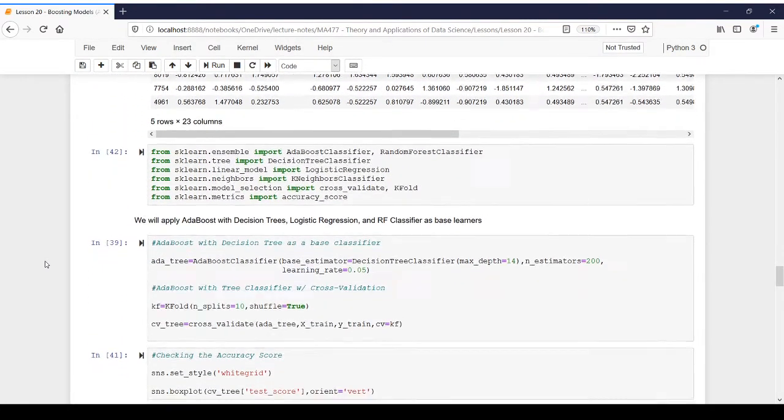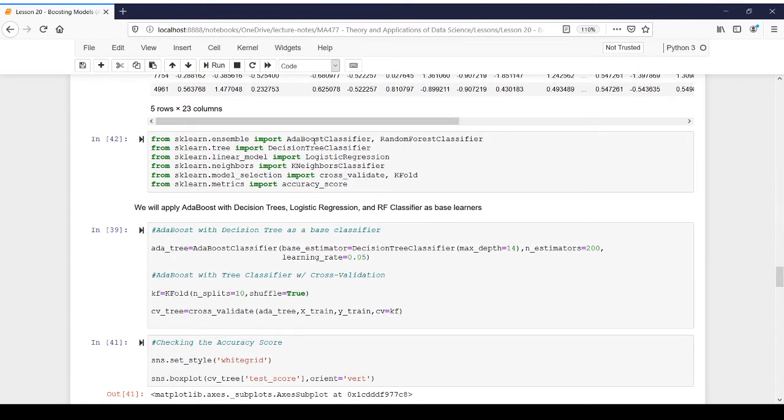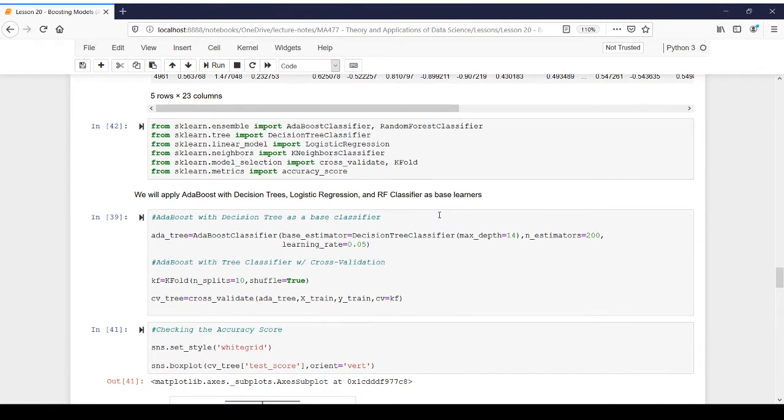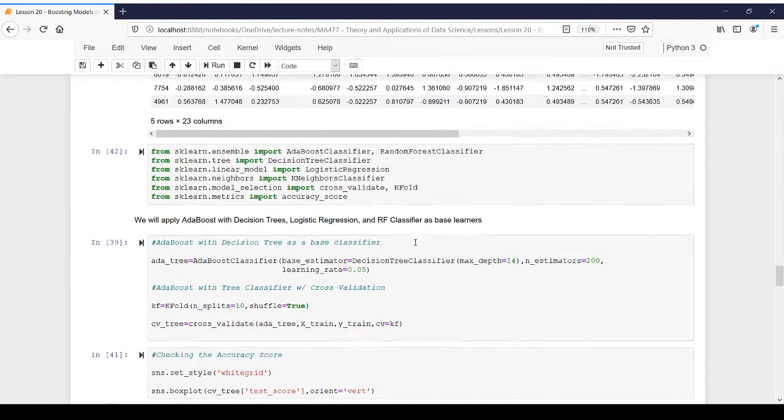So the goal here is to fit an AdaBoost classifier with a few different base learners, like a decision tree, logistic regression, and random forest. One thing that I didn't mention is that it is actually possible to overfit AdaBoost as well.